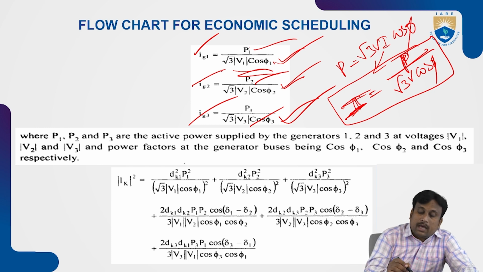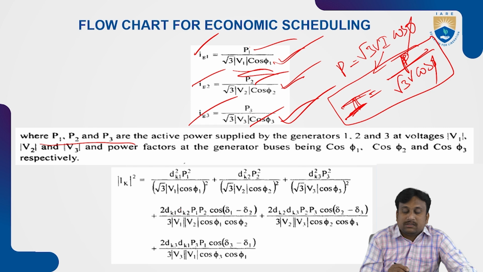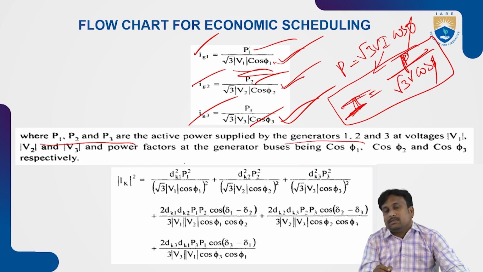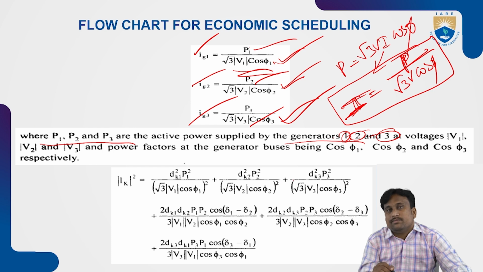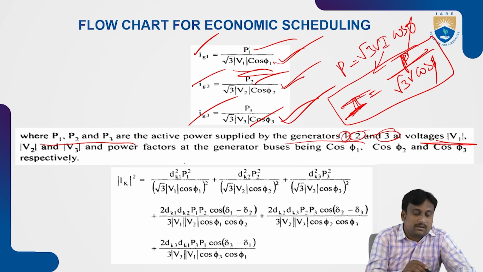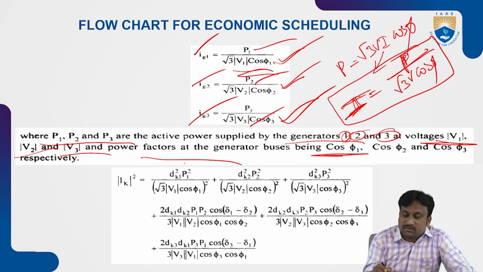So here P1, P2, P3 are the active powers supplied by generators 1, 2 and finally 3, and the voltages V1, V2 and V3, and the power factors at the generator buses are cos phi 1, cos phi 2 and finally cos phi 3 respectively.